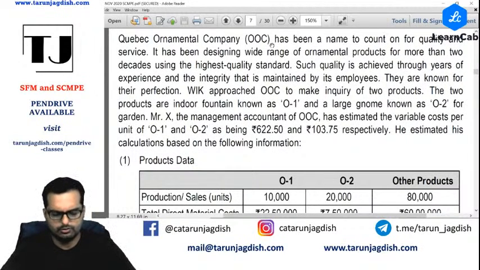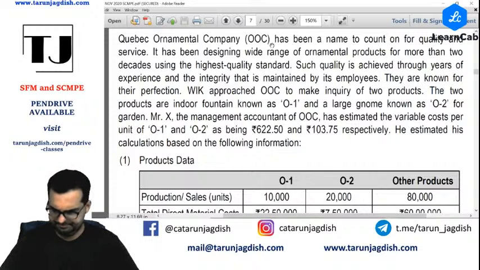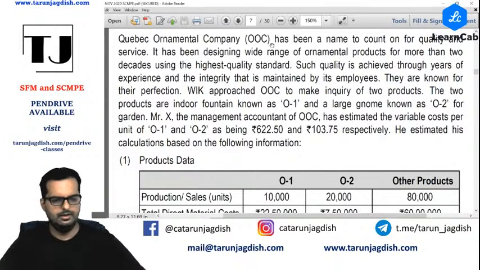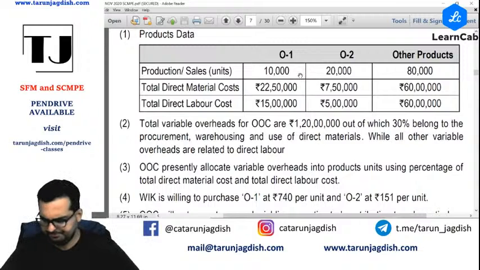Can you please read through this question and understand this question? I'll come down now. Read through this part now.